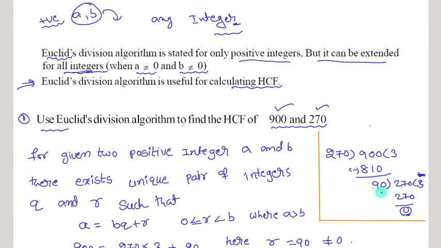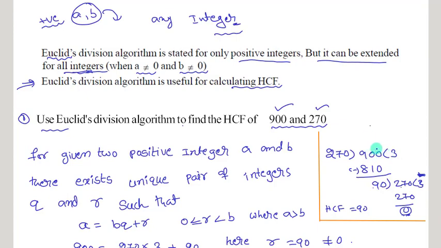That divisor becomes the HCF. The divisor is 90, so the HCF is 90. This is our continued division method to find the HCF of the given numbers.